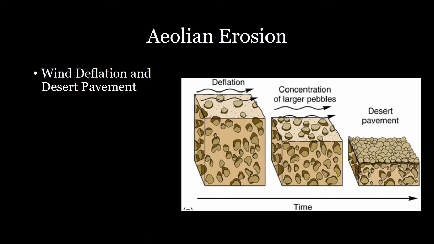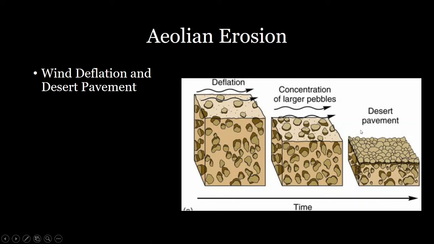And so as a result, those larger pebbles are left behind, and they start to concentrate on the surface. And once they completely cover the top surface, they are kind of armoring the soil and prevent further erosion.